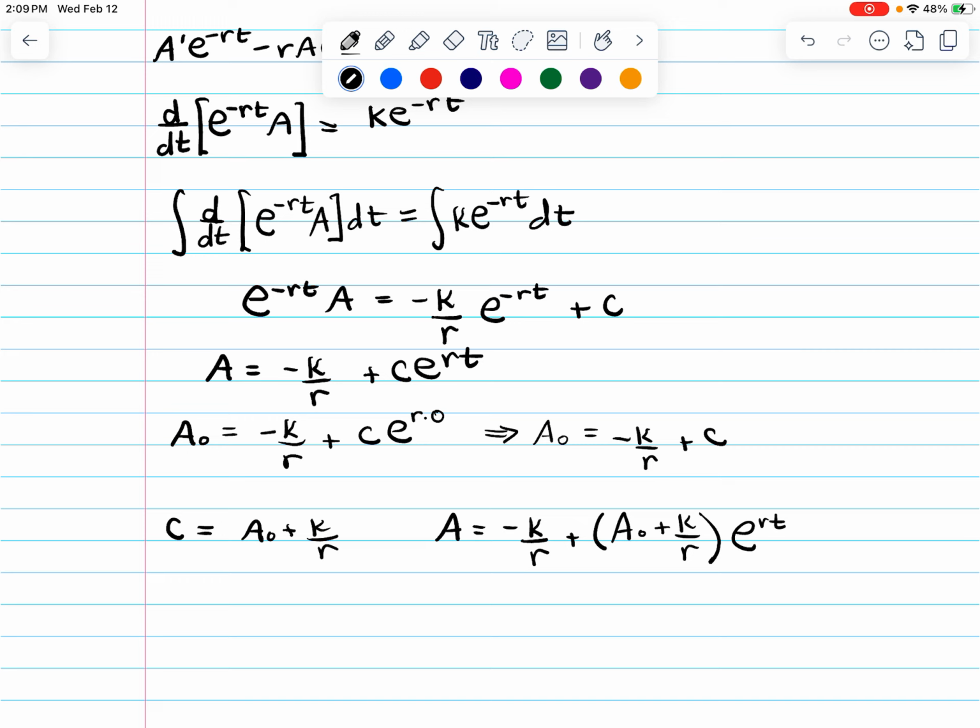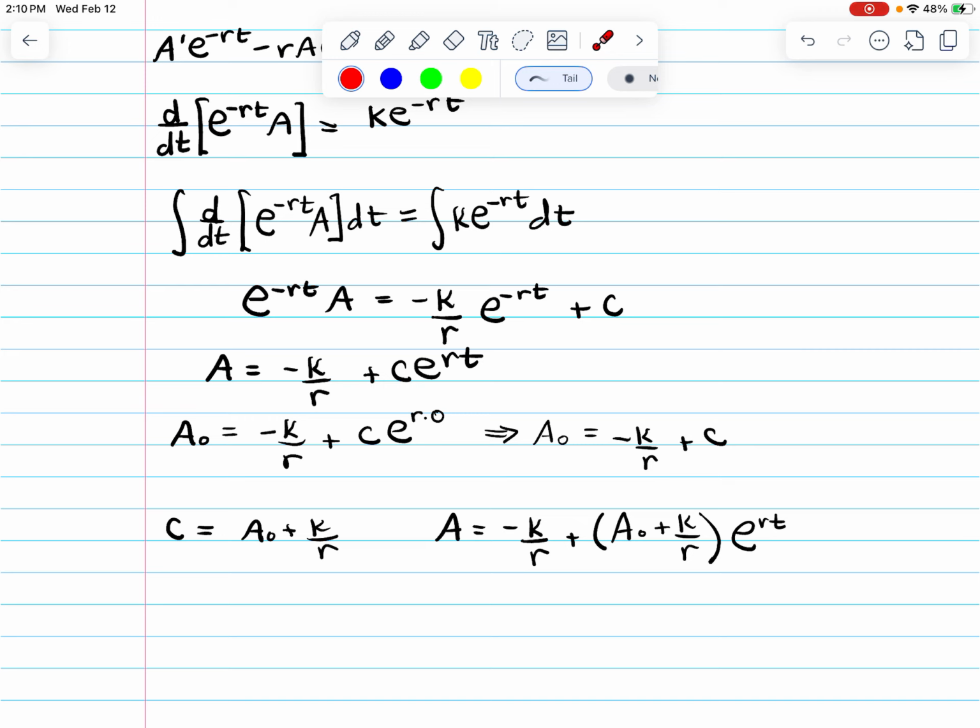Let's suppose that we know A naught, we know R, we're given that, and we want to find how much we need to invest to have a certain amount of money. Well, we would solve for K. We've got our interest rate, and let's say we're given a time, and we want to know, for a given period of time, how much do we need to invest to have a desired amount?